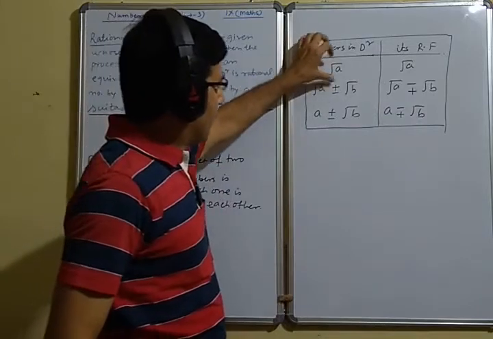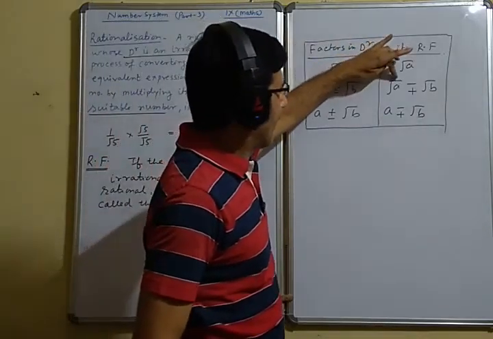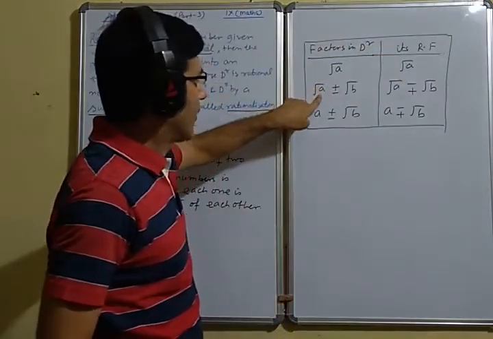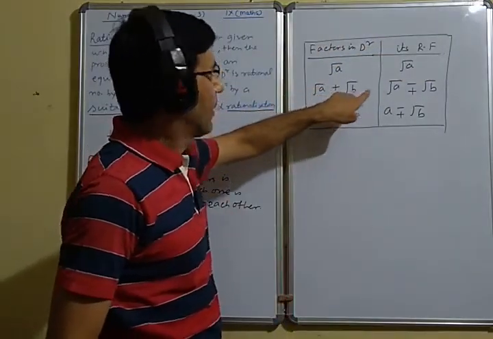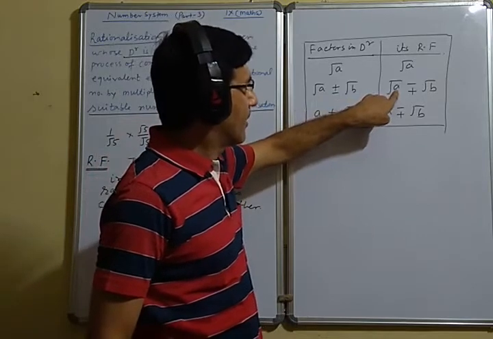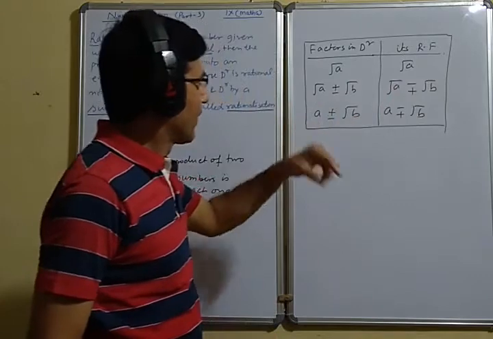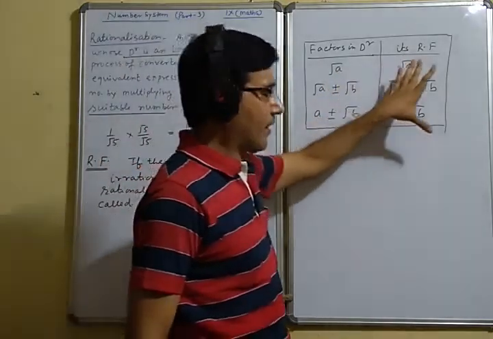If it is a plus root b, its rationalizing factor is a minus root b. If it is under root a minus under root b, its rationalizing factor is under root a plus under root b. So this is the rationalizing factor.